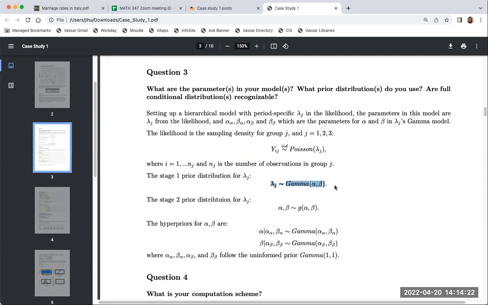Yeah, good point. And I think Carl also made a good point about why we don't want to use gamma 1 over here, because if you do gamma 1 for this lambda j, then essentially you're treating all of the data points as 3 different groups and you're doing separate estimates. Even though you give the same prior for all of them, nothing is being shared across the groups anymore.